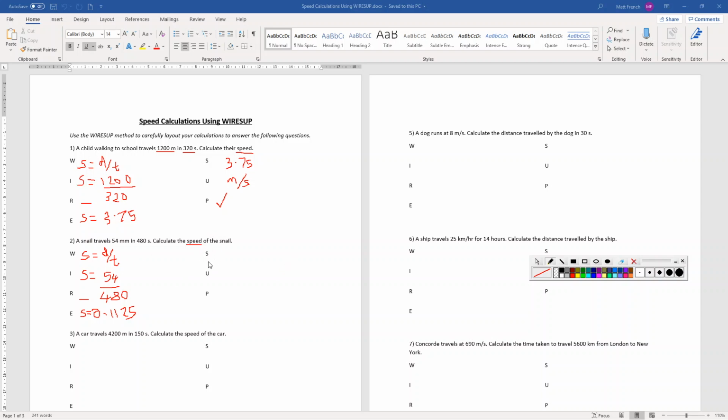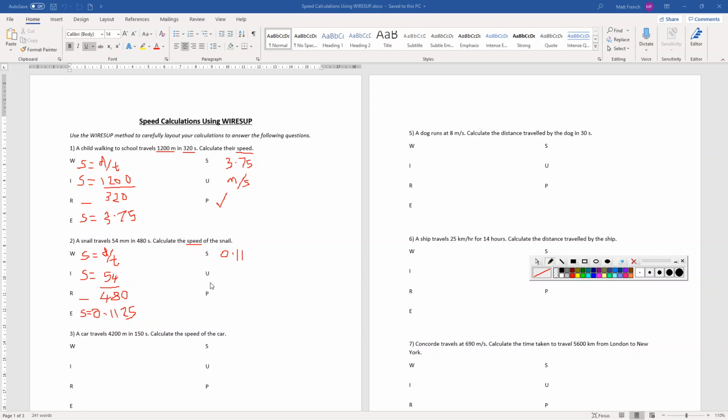So S, significant figures. This was to 2 sig figs. This is either to 2 or to 3 sig fig. So the smallest number is 2 sig figs. We should have a number to 2 significant figures, so I'd be expecting that to be rounded to 2 sig figs. So that's 0.11.